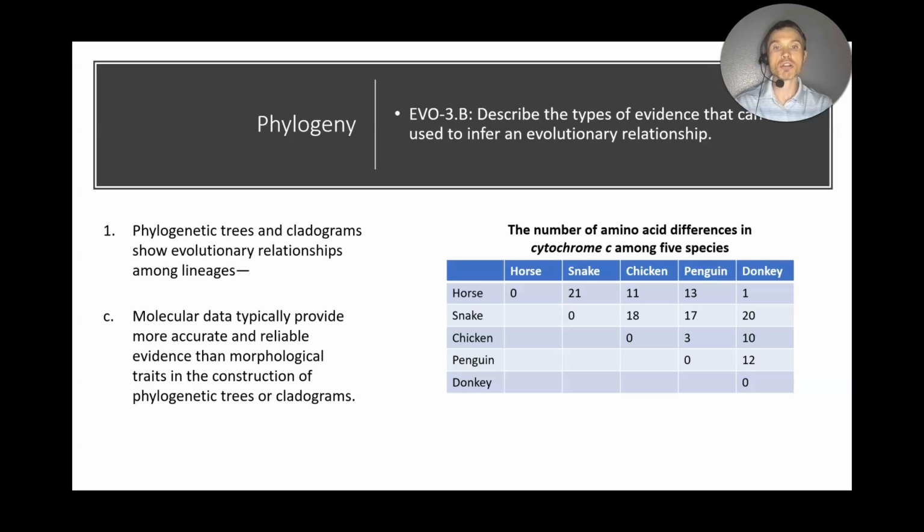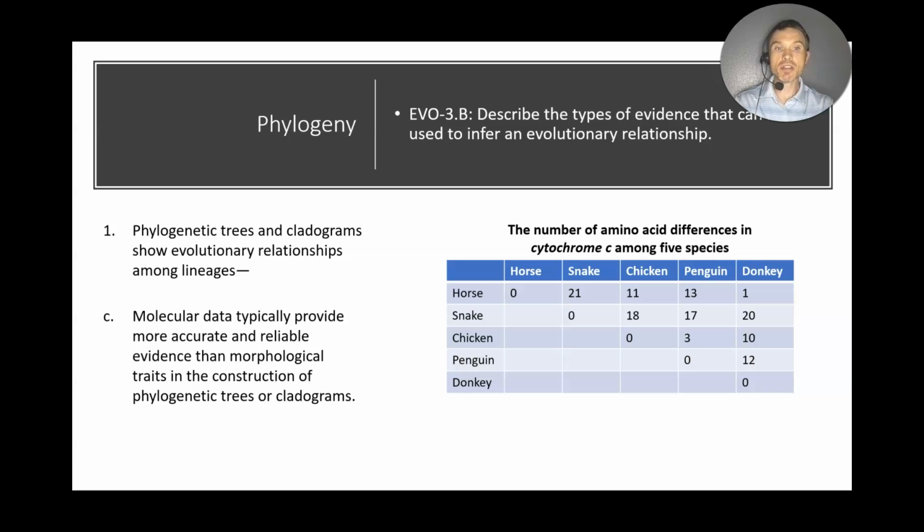And as we know, a horse and donkey are evolutionarily very similar to one another. Whereas if we compare the horse and the snake, there's 21 differences between those two proteins. And sure enough, we know the snake and the horse are very different. One is a mammal and one is a reptile.